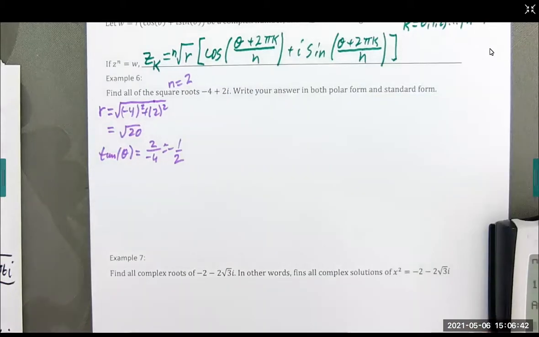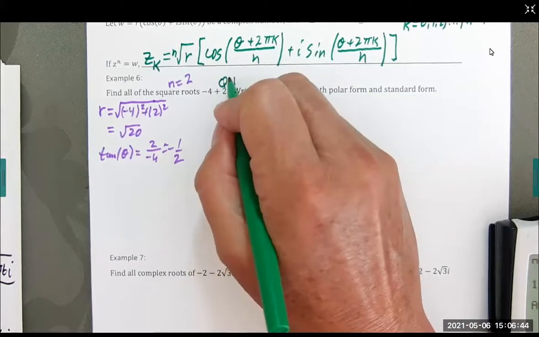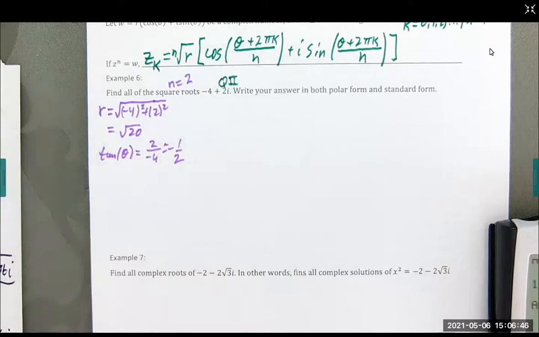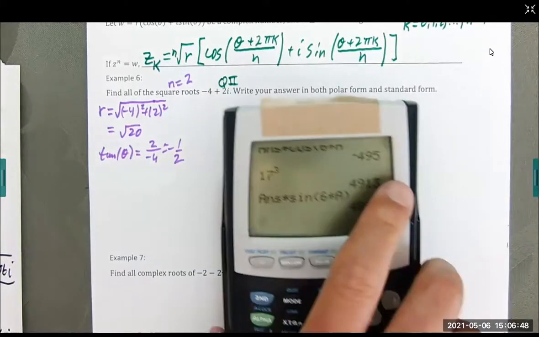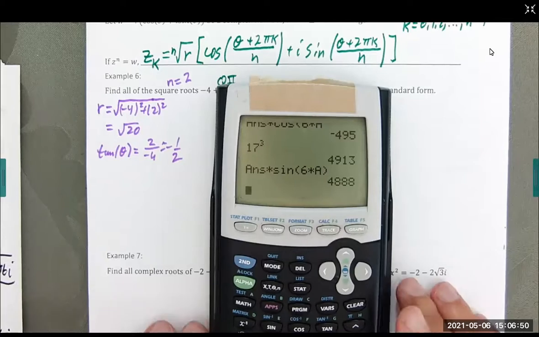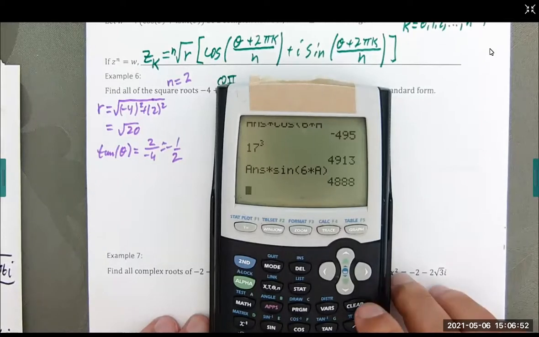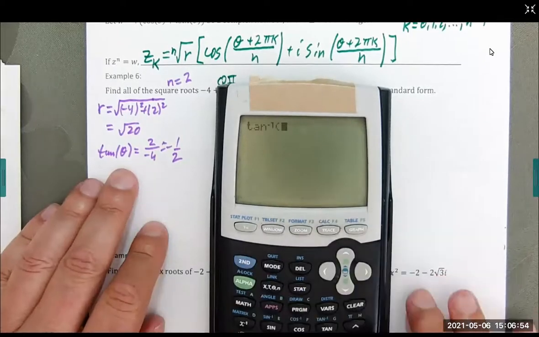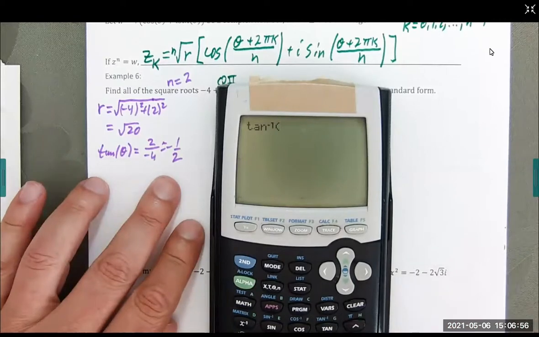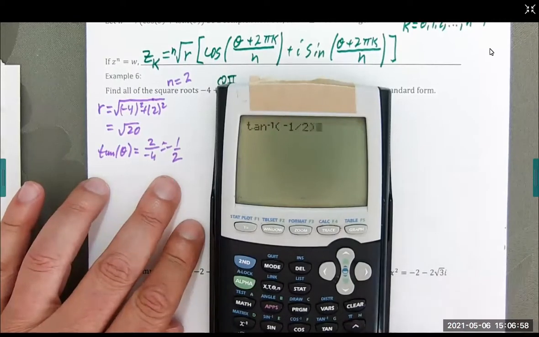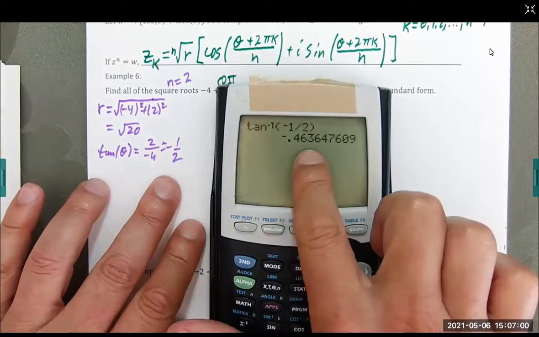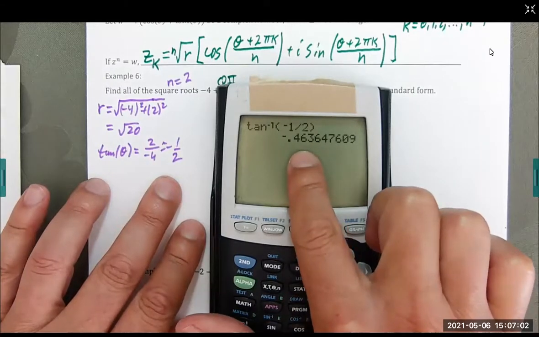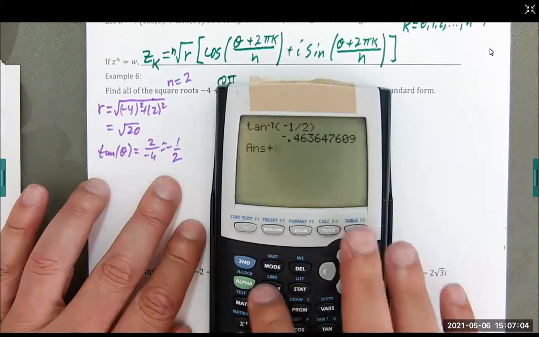We are in quadrant 2 here. So when I get it in quadrant 4, it'll be a negative angle. I will just add pi to that, and that will give me the proper angle. So inverse tangent of -1/2 is here. You'll notice it's a negative angle, quadrant 4. So I'm going to add pi to that.